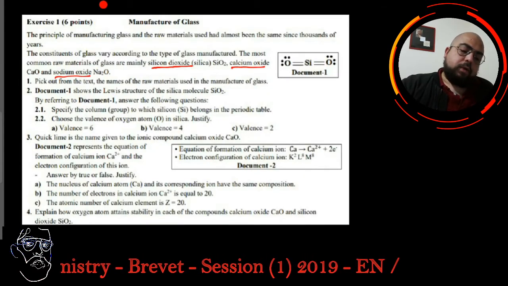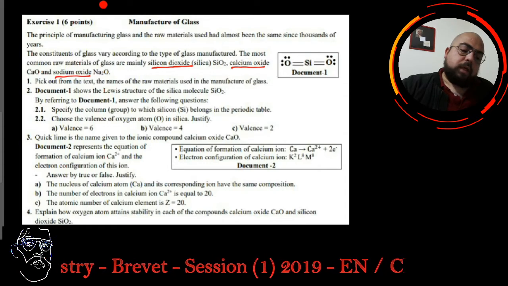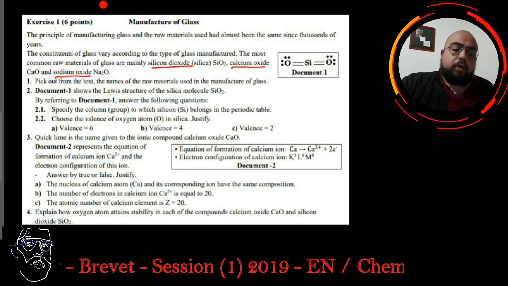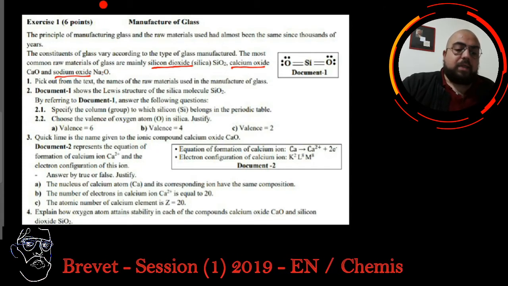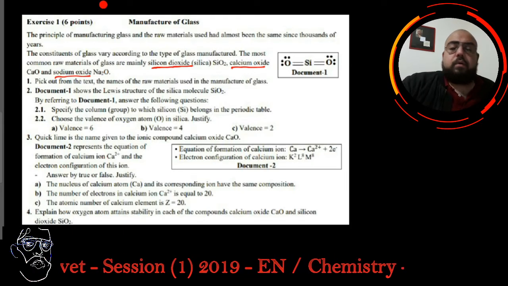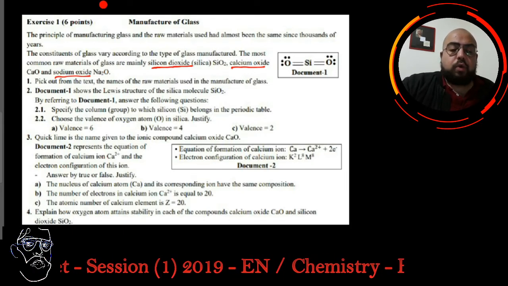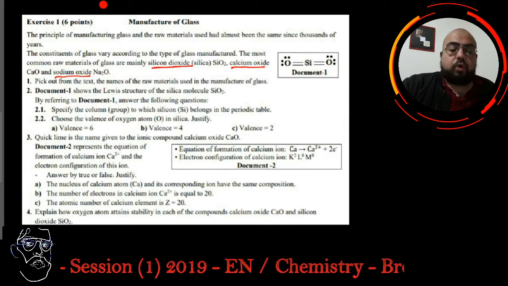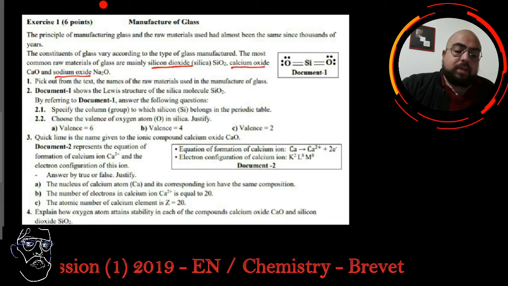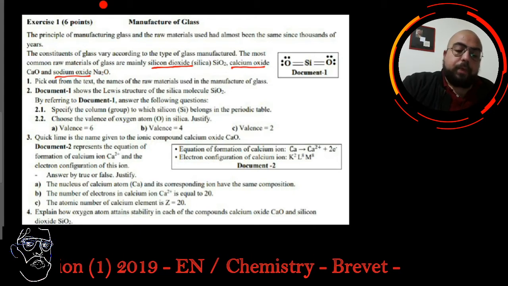Choose the valence of oxygen atom in silica, justify. In this silica molecule SiO2, as you can see, oxygen is sharing a pair of electrons. So we have 2 electrons which is shared by the oxygen. So in this case, the valence of oxygen will be 2.